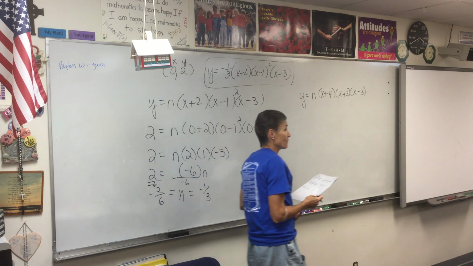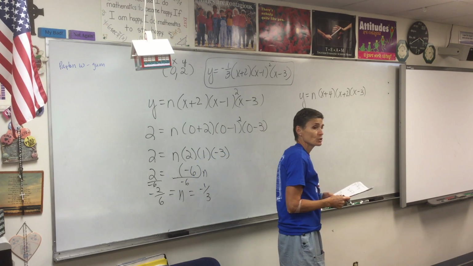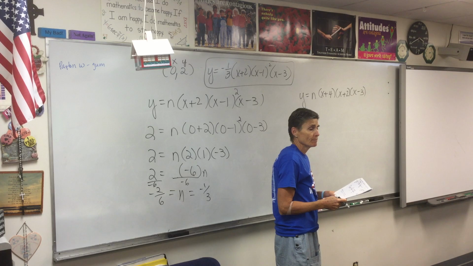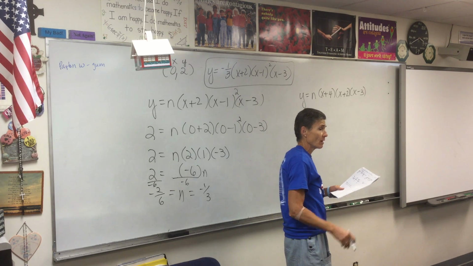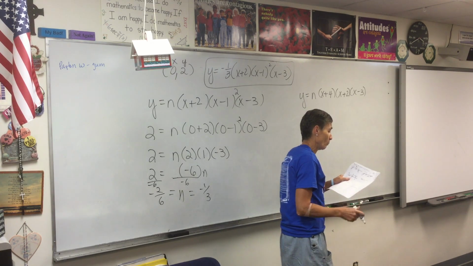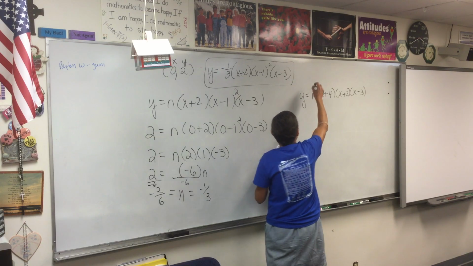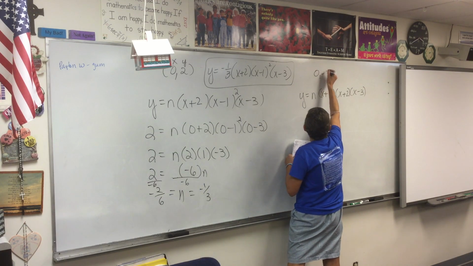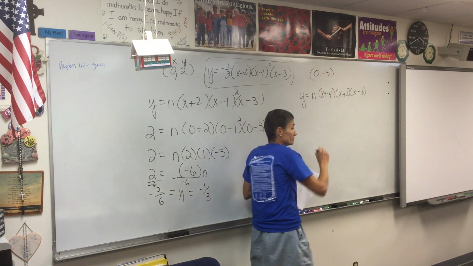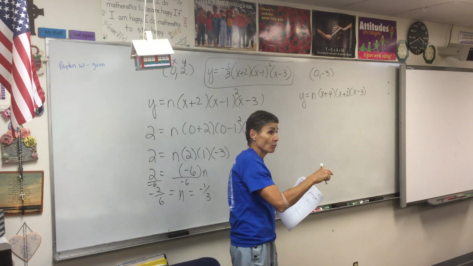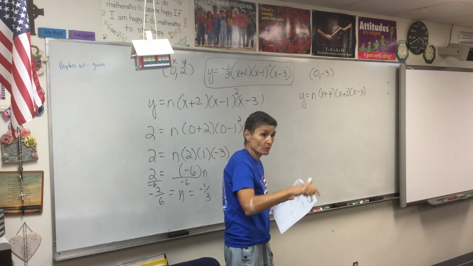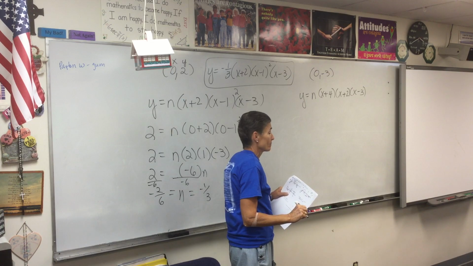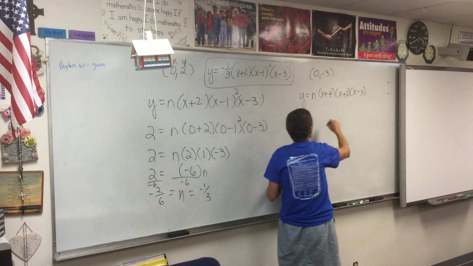All I need to do is figure out my n. And how am I going to figure out my n? I'm going to plug in a point. What point am I going to plug in? 0, -3. It's right there in the graph. It's a point given on the graph, the only one that's not a factor.